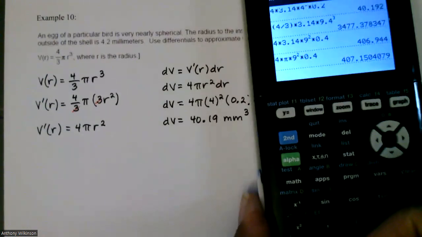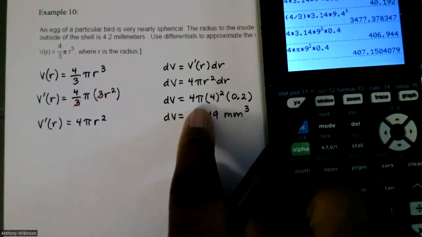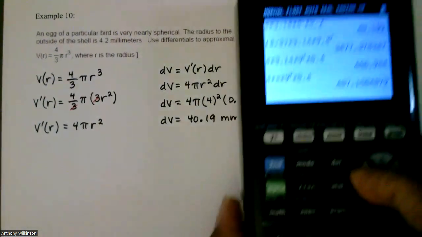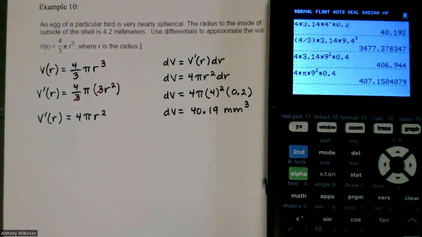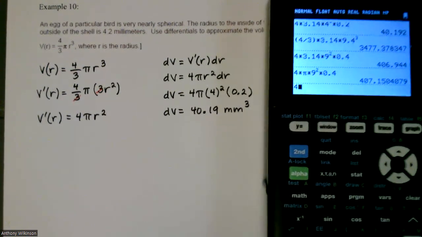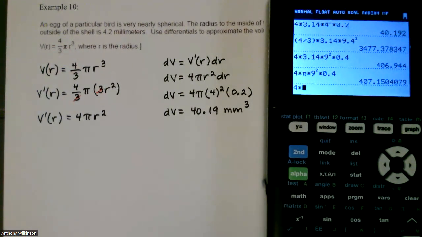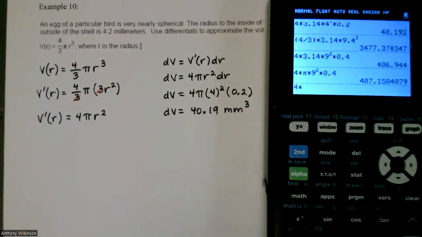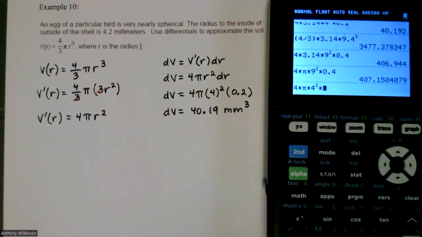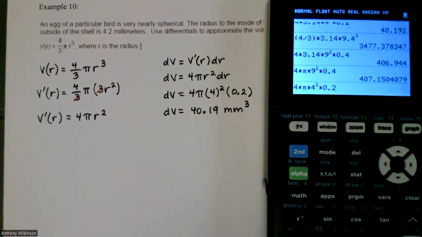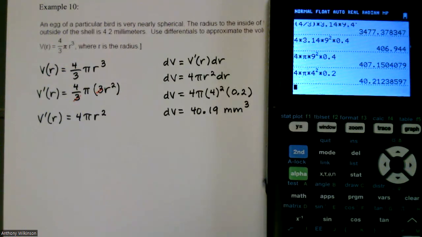Okay. Now here I used an approximate value for pi. But for the exact value, I think they want the exact value so that you can get a correct answer. Let's do this. I type in the 4 and then the times sign. For the pi, that's right above the hat key. So you have to use second and the hat key for the pi, times 4 squared, times 0.2. And then hit enter.